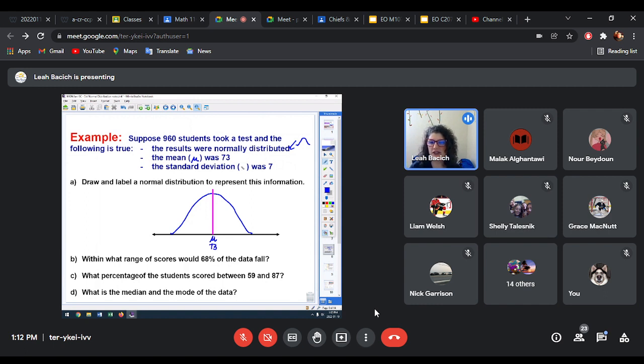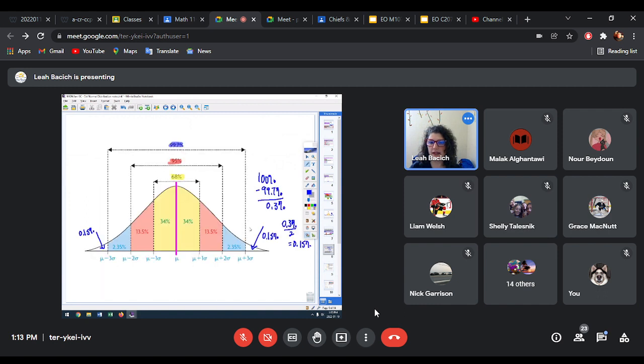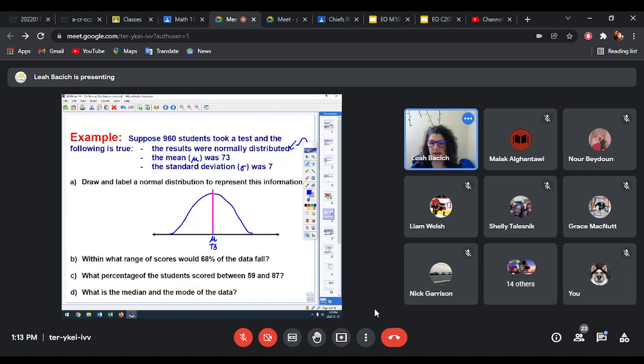The standard deviation, which is sigma, it's just a circle with a little hat on it, was 7. So if I look back at my graph here, if I add a standard deviation to the mean, it's the mean plus a standard deviation.